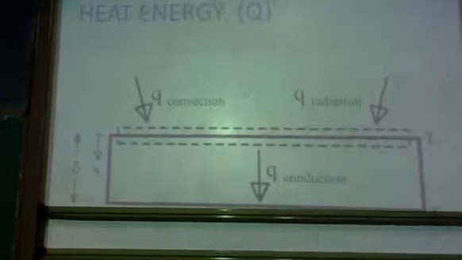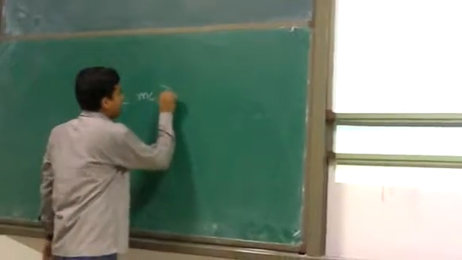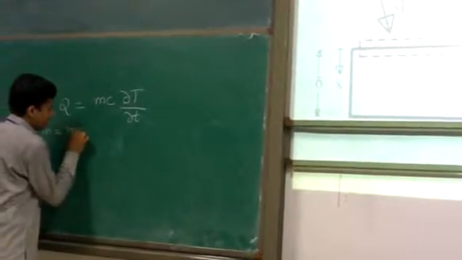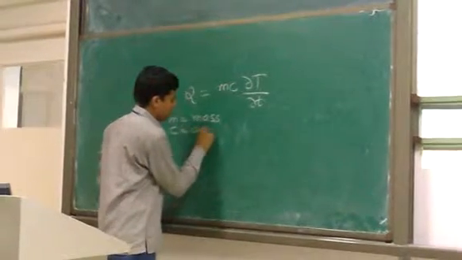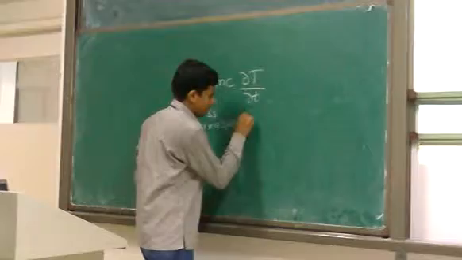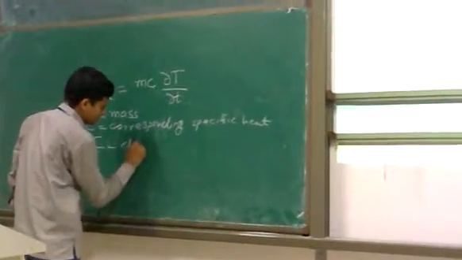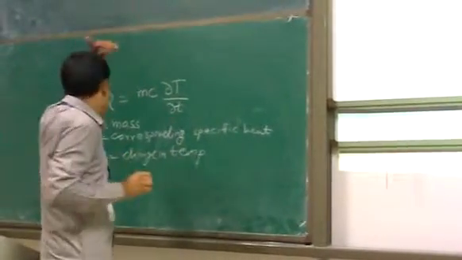From this we calculate Q, the heat energy, as m c delta T by delta t, where m is mass, c is the specific heat, and delta T by delta t is the rate of temperature change.